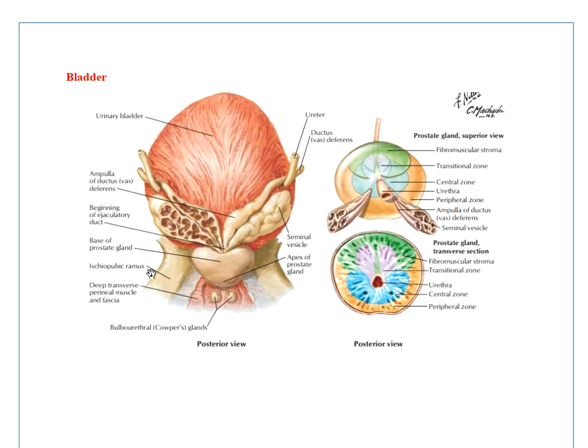So this is the structure of the urinary bladder, with the detrusor muscles. This image is just to show you the structures in the vicinity of, or surrounding, the prostate gland. We have seminal vesicles, vas deferens, prostate, pelvic diaphragm.